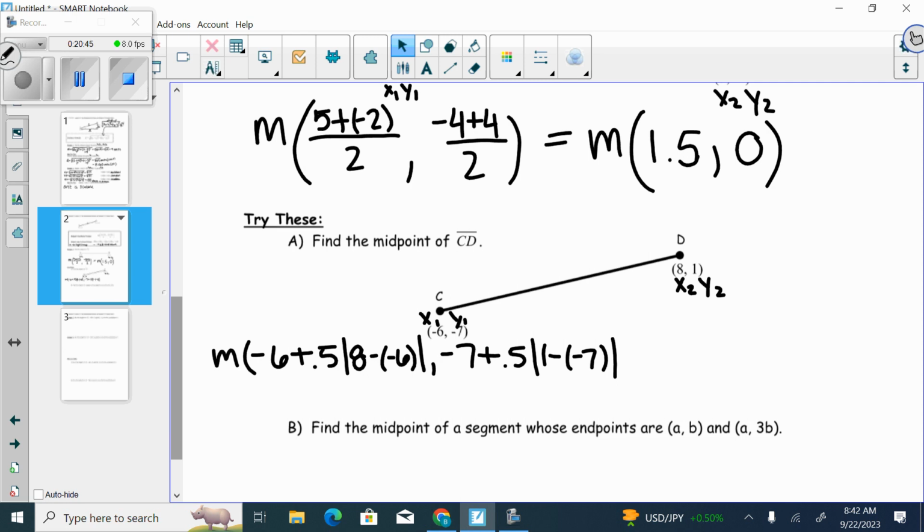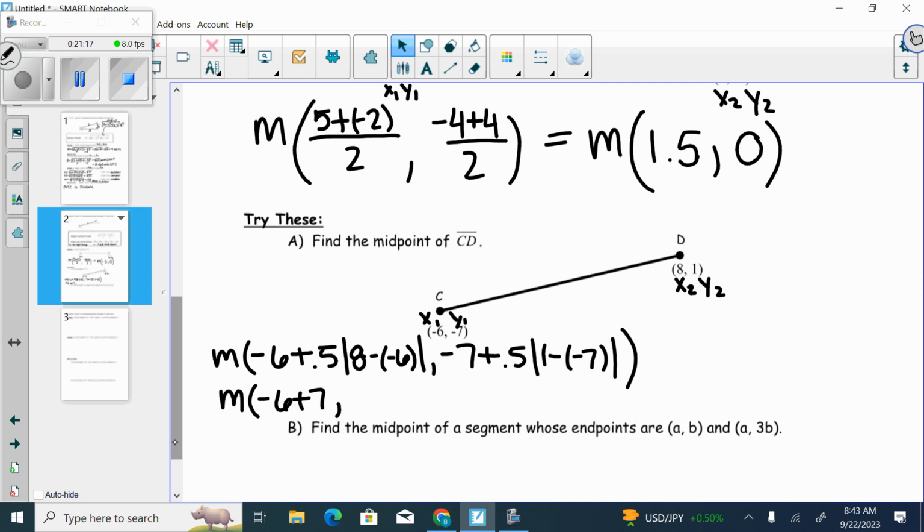Okay, and then I just simplify. So I'm going to go back over here. I simplify inside first. We know 2 negatives really means to add, right? So 8 plus 6 would be 14, right? And the absolute value of 14 is 14. 14 times a half is 7. So I have -6 plus 7. Over here, again, 2 negatives really mean to add.